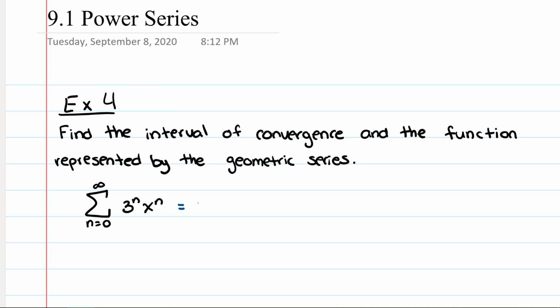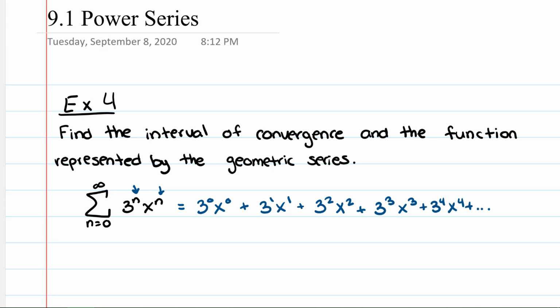So it's going to be 3 to the 0, x to the 0, plus 3 to the 1, x to the 1. Notice each time I'm increasing n, this number here, by 1. So the next one is 3 squared, x squared, plus 3 cubed, x cubed, plus 3 to the 4th, x to the 4th, and so on.